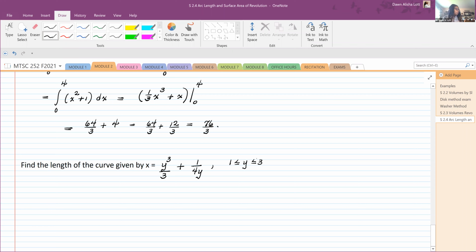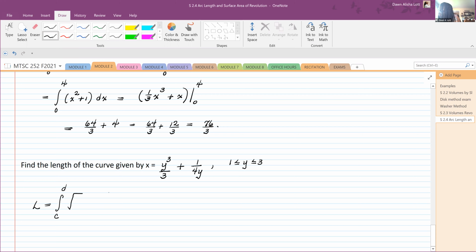Okay, so this curve is given to you as x in terms of y. So it is a function of y, which means we're going to have to use this formula. L is the integral from c to d. c and d are given, so we already know that.